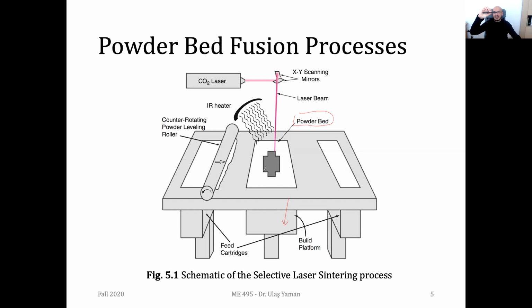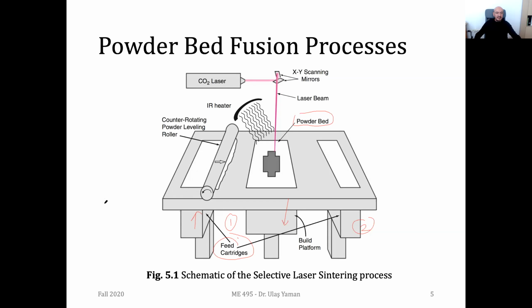After this layer is sintered or melted, our system moves this platform one layer down, and with the help of the feed carriages, as you see, this system has two feed carriages, one here and the other one here. After each layer is sintered, these feed carriages go upwards a little bit, which means that we will have some extra material.